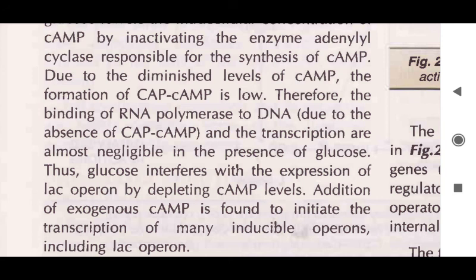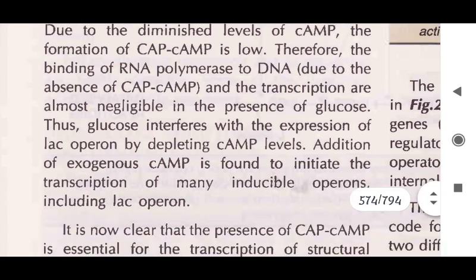Thus, glucose interferes with the expression of the lac operon by depleting the cyclic AMP levels. This is the main line. How does glucose interfere with the expression of the lac operon? Simply, by depleting the cyclic AMP levels.